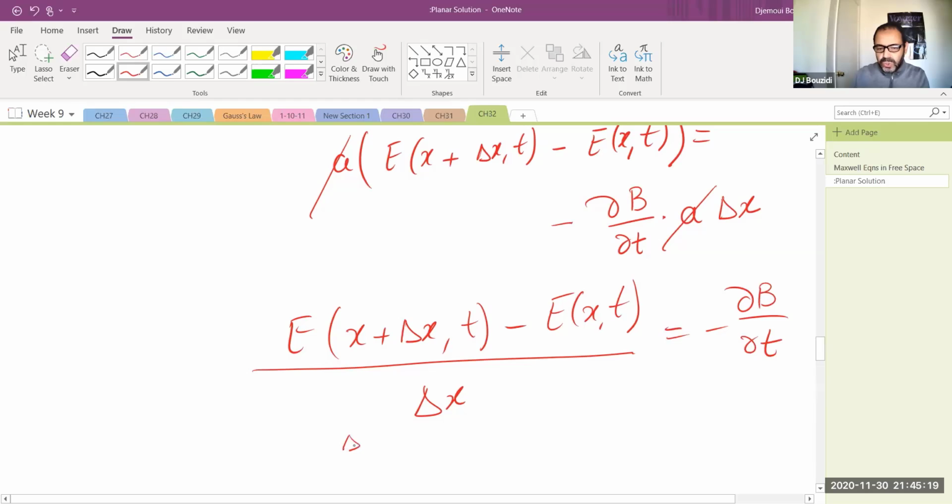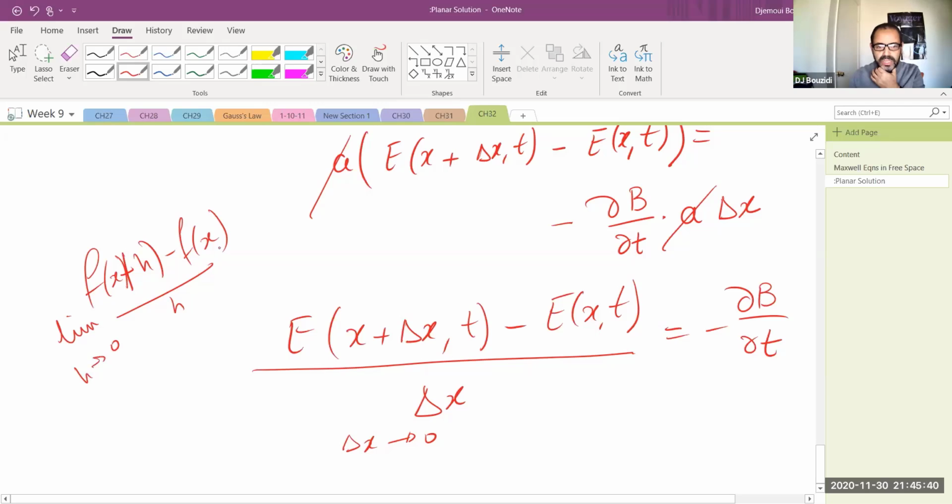If I take delta X goes to 0, this expression goes to 0, this also goes to 0, so the difference in here goes to 0. This is the limit of the function f of X plus H minus f of X, divided by H, when H goes to 0. This is nothing but the derivative of f with respect to X at that point.